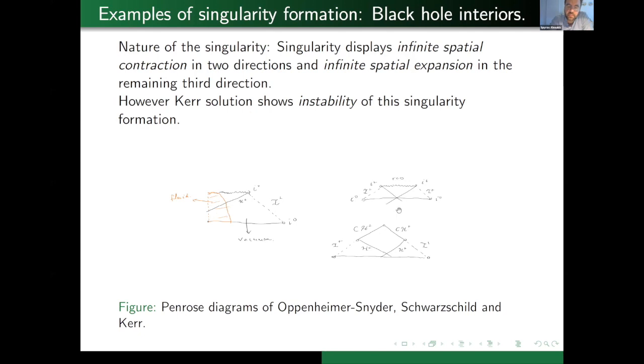This is the Penrose diagram of Schwarzschild in a not very nice picture. So these are two examples, and in broad strokes, they paint a similar picture. One of a singularity formation inside the black hole, where there's contraction for sure in certain directions, and at least in some portion, the black portion experiences expansion.